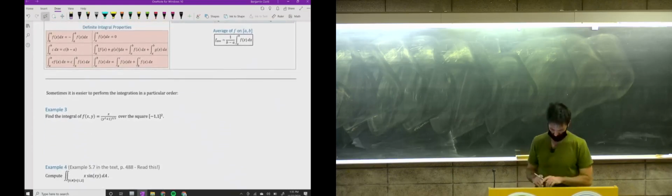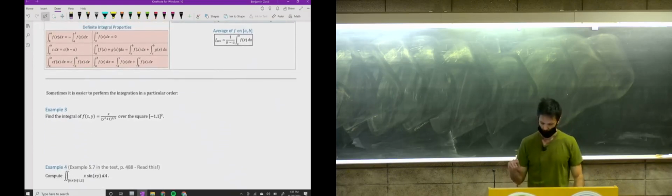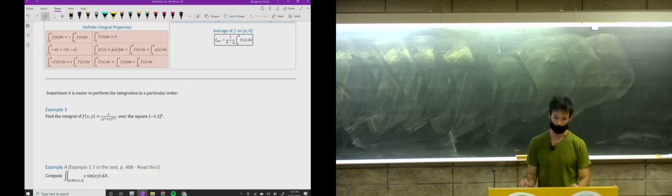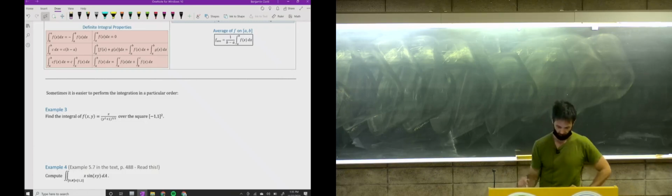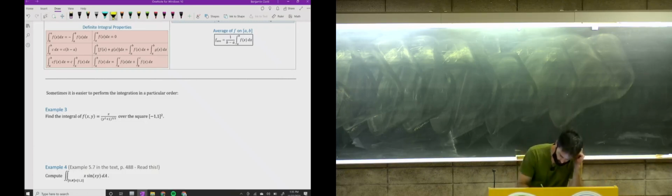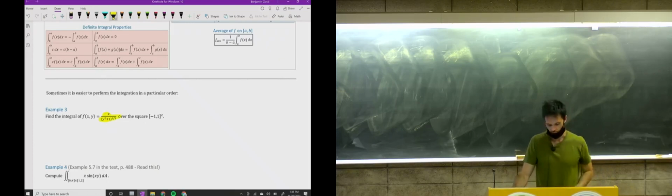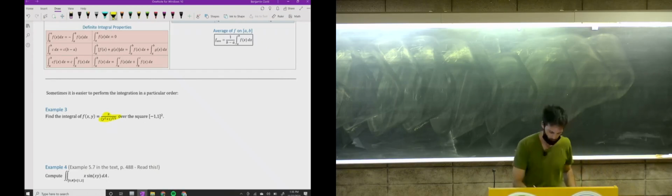Let's see. So there's some examples in the book that I'm not going to have time to do. Most of them, actually, you'll have to read. I'll show you one where choosing the order of integration makes a difference. So let's say we want to integrate x over y squared plus 1 to the 3/2 power over the square -1, 1 cross -1, 1.